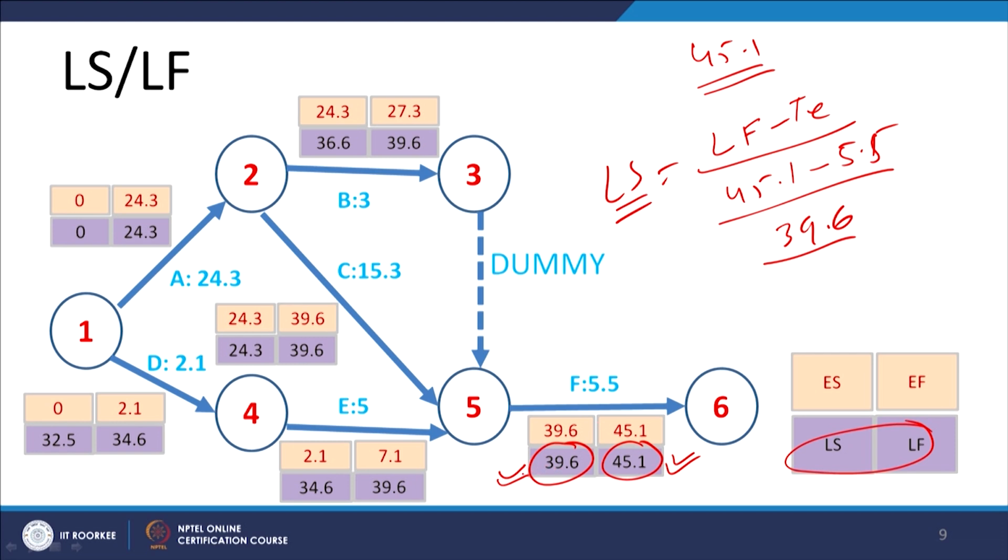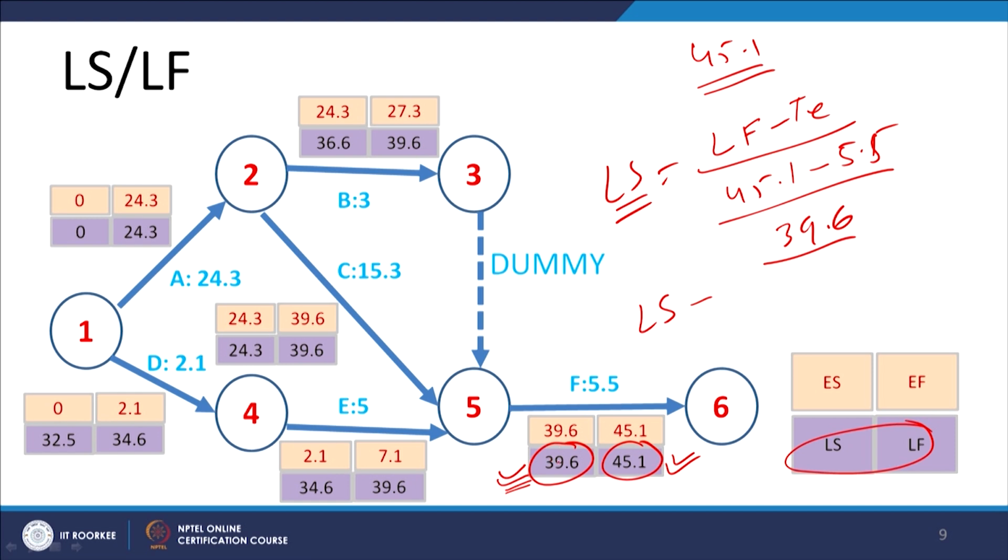Now, this is the latest start time. If we have to start activity F at 39.6, then by what time should activities B, C and E be started? Again, we calculate the latest start from the latest start value of the successor. Here, for activity B, we need to see the latest time by which it should be finished.